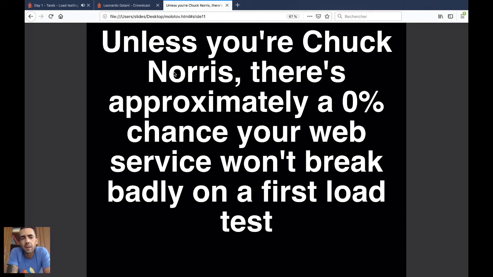But usually we have a pool of connectors somewhere to fix, or we used, I don't know, Flask, and it was not good enough for the job, so we had to move to another framework. It's very common to find issues, and it's important to do it.